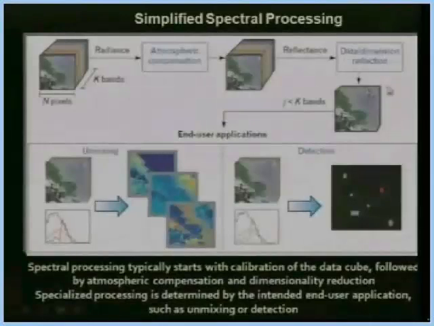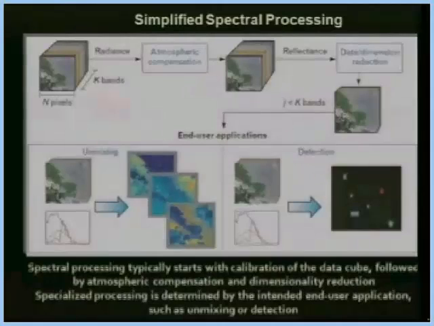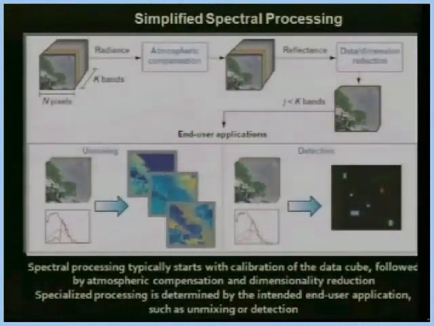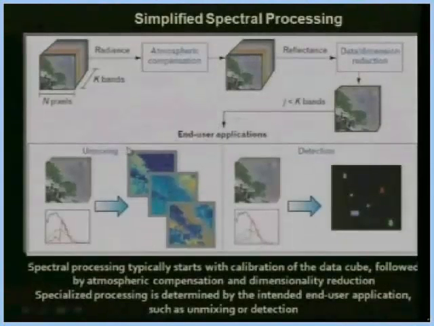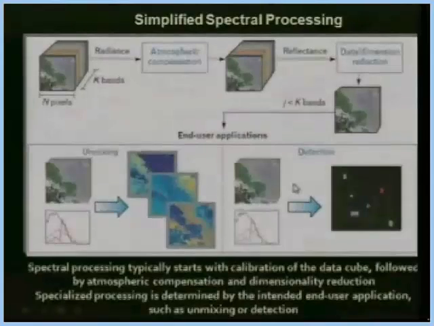The reflectance image undergoes data or dimension reduction, which could be MNF or some other method. Then this image will be subjected to the end user application. It could be either unmixing or a simple target detection or feature detection.